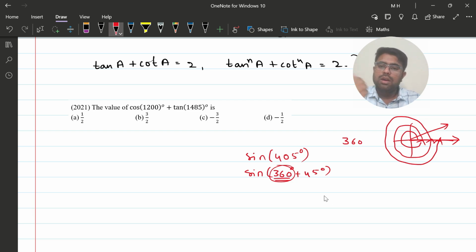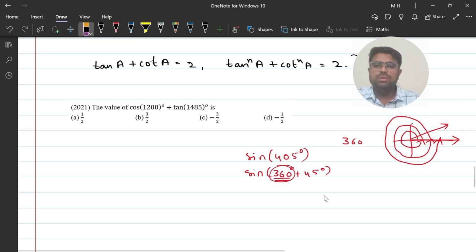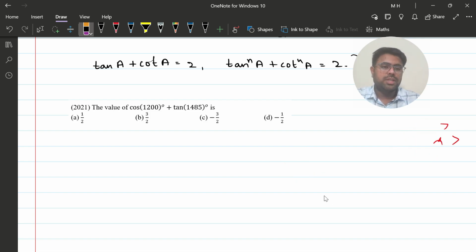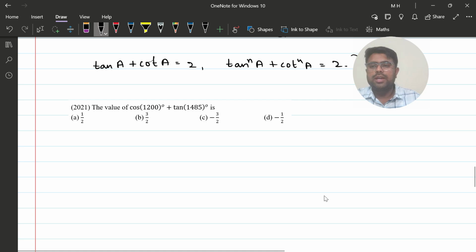So you can avoid that 360 and take the angles alone. If at all you get the larger angles, try to erase off the multiples of 360 and then proceed. So what I'll do now is I'll try to find out the nearest multiple of 360 and then let's see what will happen.